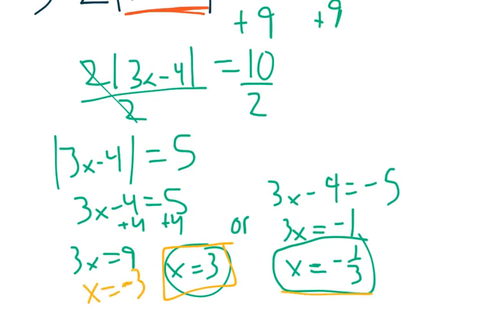But as you can see, we solved and we did not get that. So even though there are 2 numbers that have the same absolute value, you cannot just find one answer and then write the opposite of it. It doesn't work like that. You actually have to make 2 equations and solve for it.